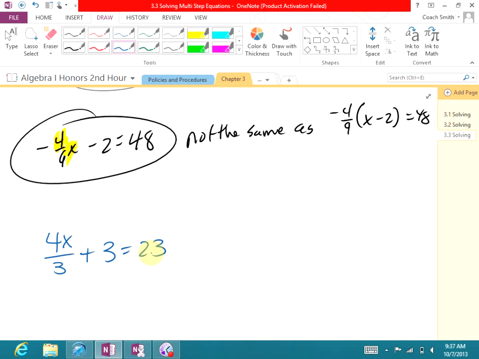Now, there are two different ways that you can solve this. Okay? They are both similar. And the book doesn't give me an example of how they want you to do it, so I'm going to show you both ways.